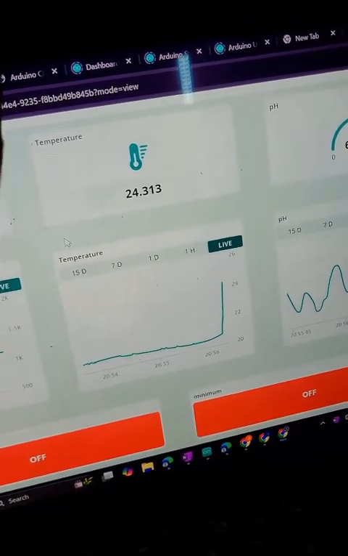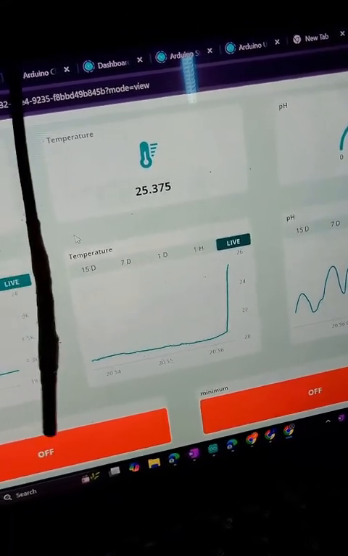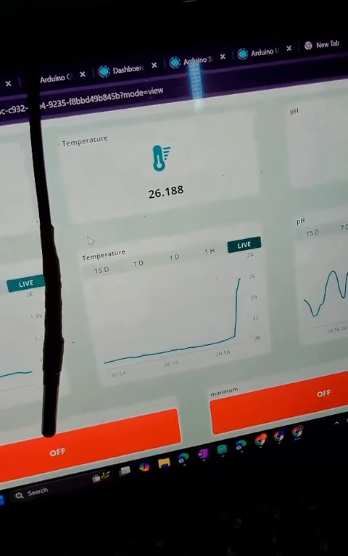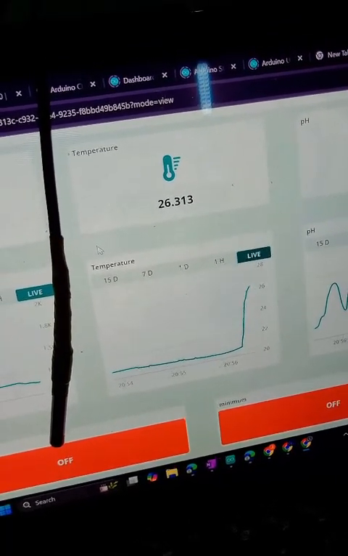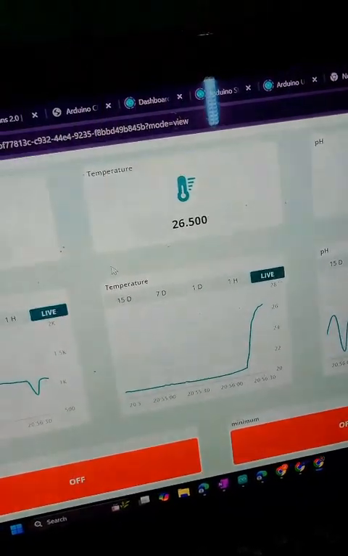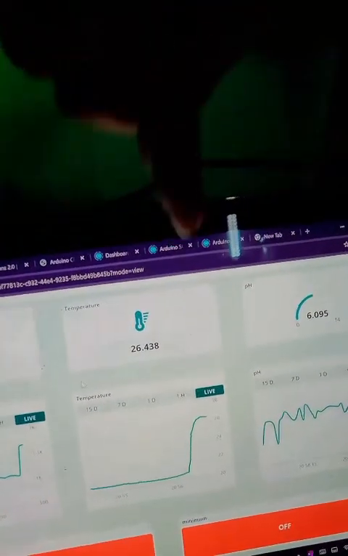And then eventually, the temperature should go down because there's no more heat going into the system, into the sensor. Now, to speed up the process of it cooling down, I'll use cold water, as you can see here. And if I dip it there, the temperature should go down.